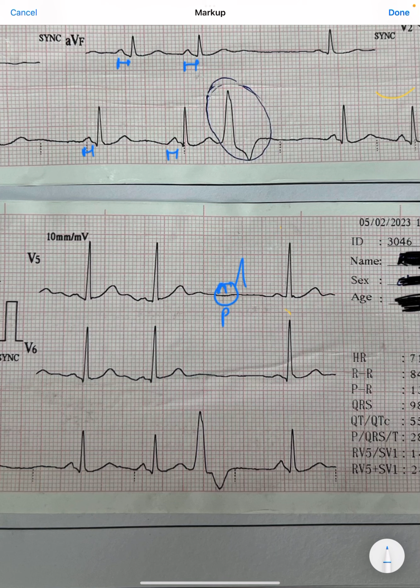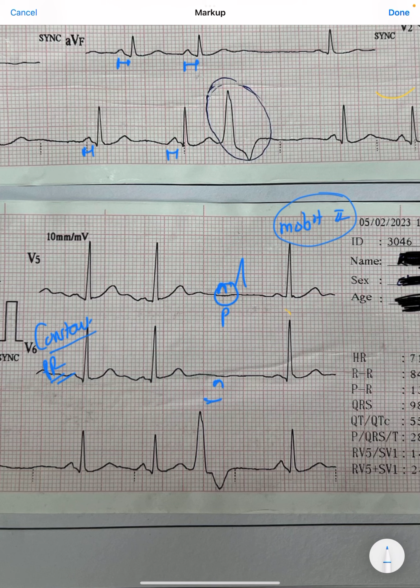So there should be a P and QRS is definitely not there. Then only we can call it Mobitz 2 heart block. To call it Mobitz 2 heart block, there can definitely be a constant PR interval, but there has to be some P wave with no QRS.